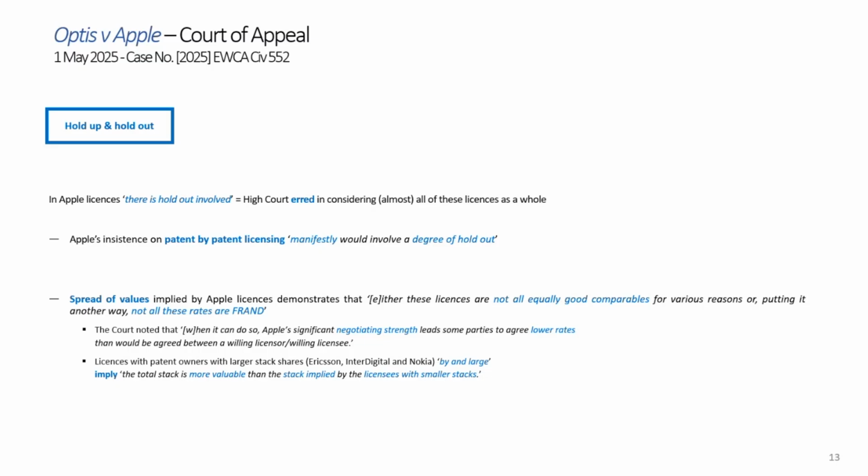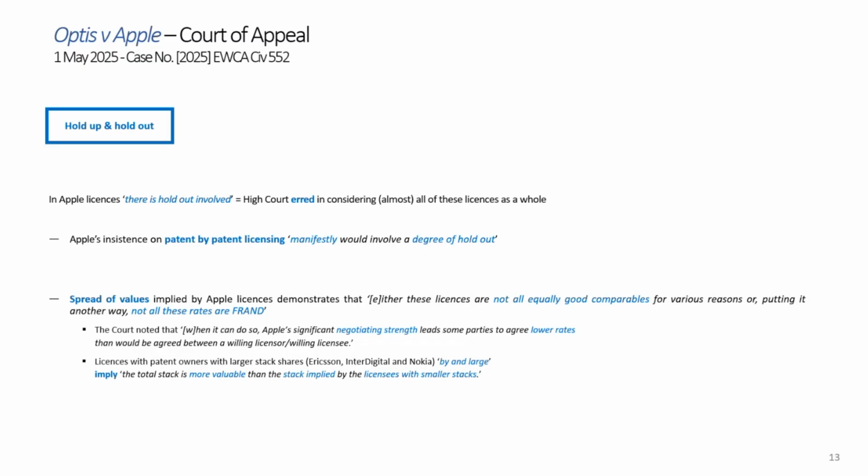So if you remember, we said there were between these 19 Apple licenses that the court used here a significant spread of values, although they would all basically refer to the same stack of patents. And the court said this means that either these licenses are not all equally good comparables, or that not all of these licenses or the rates agreed in these licenses are FRAND.